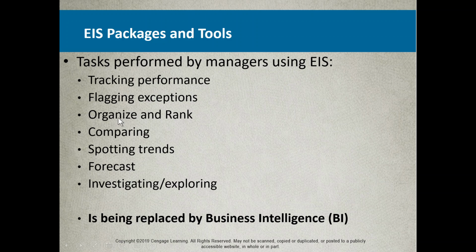Flagging exceptions, organize and rank, compare, spot trends, forecasting, etc. So these are all characteristics unique to the executive information systems. Forecasting is definitely one for executives because they want to know what's going to happen in the future and to make a decision. Let me give you a quick example of that.